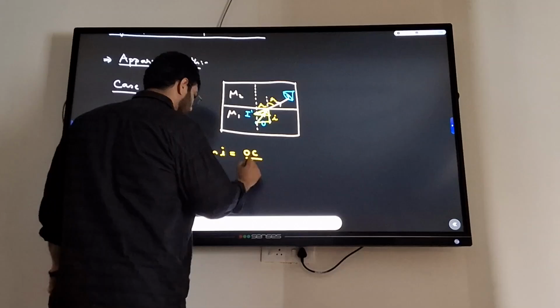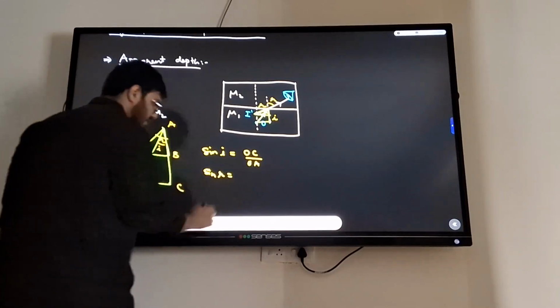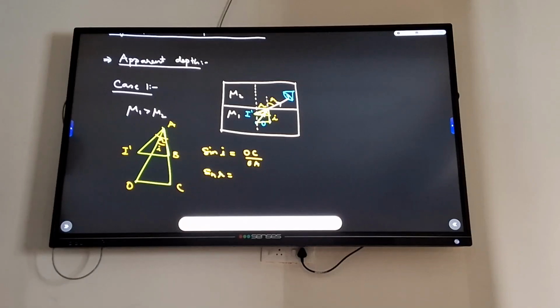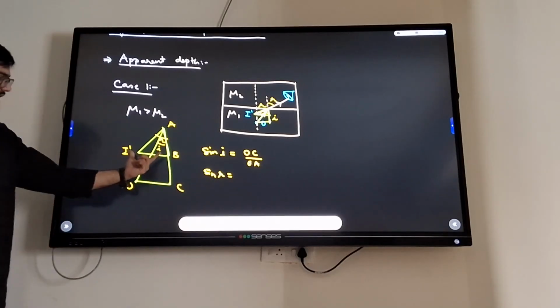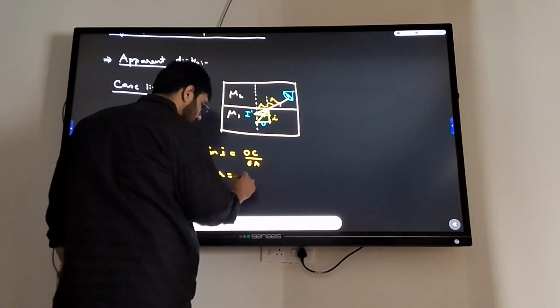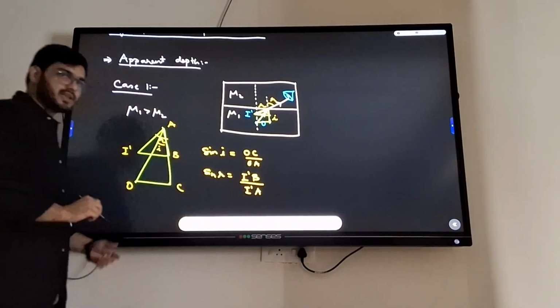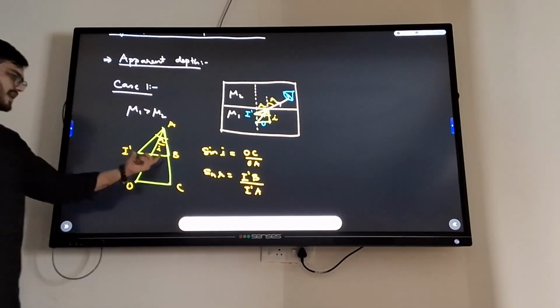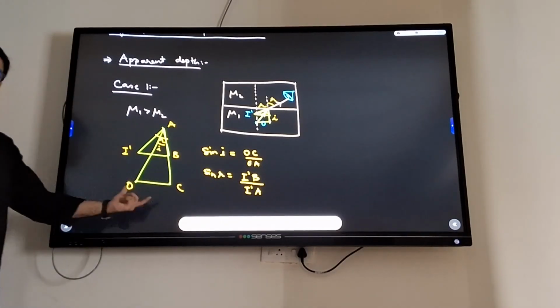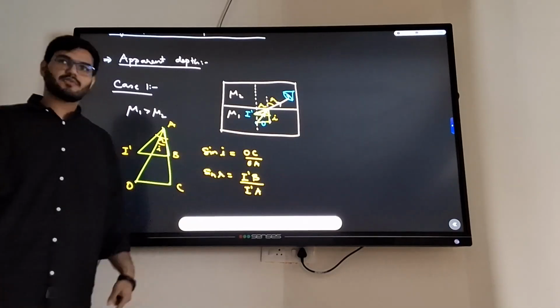OC by OA. Yes or no? What is sin R? I prime B by I prime A. Is it all okay? By the way, this I prime B and OC are equal? Yes or no? They are equal, right?